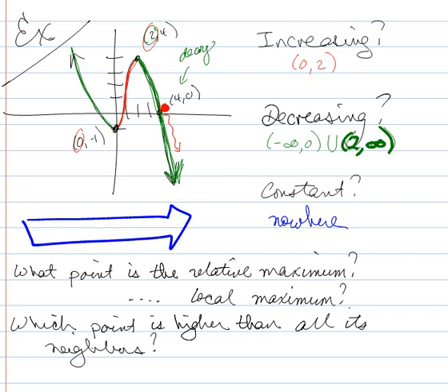So which point is higher than all its neighbors? If you're looking at these points here, hopefully you're coming up with this one. This point here is higher than all of its neighbors. It's at the top, at 2, 4. Another word for that is relative maximum.